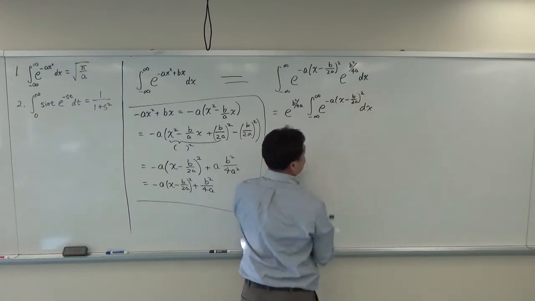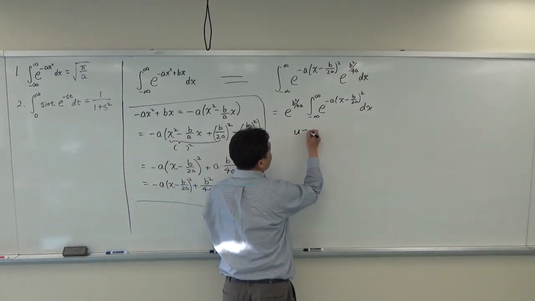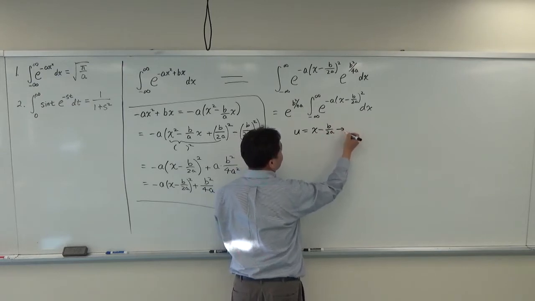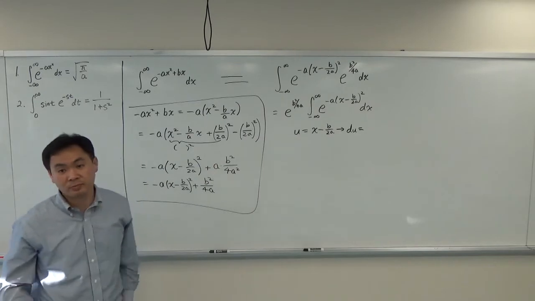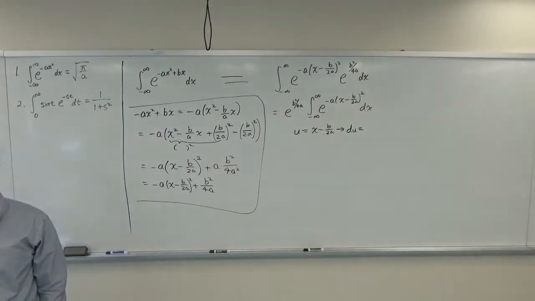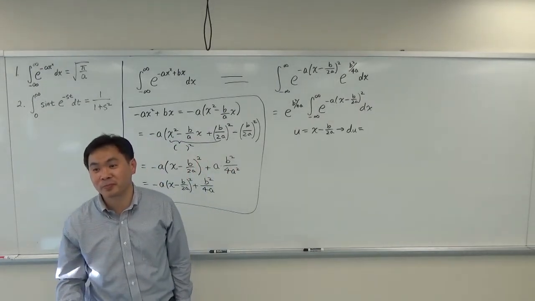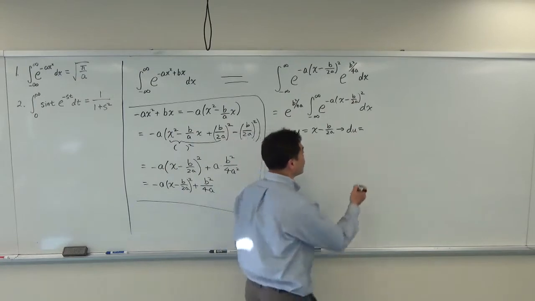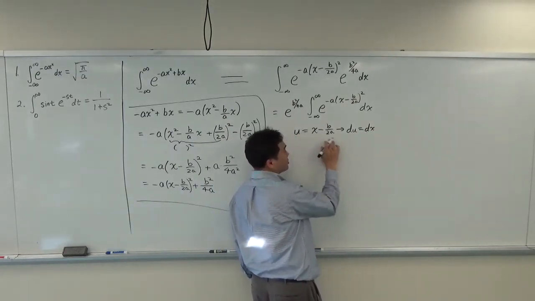this thing here, you can just do another substitution with u equals x minus b over 2a. Now if this is the case, then what's du equal to? If u is x minus b over 2a, what's du? dx, right? Yeah. Because this is just a constant, so if you apply d to both sides, du is dx.